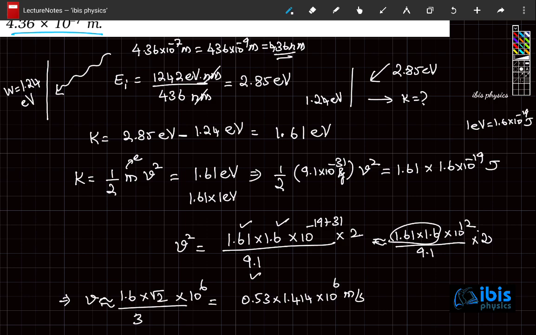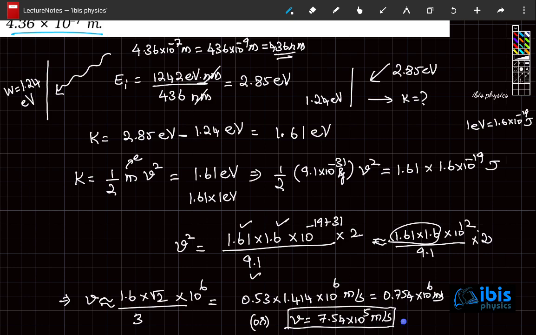So 0.53 into 1.414, I am getting 0.754 × 10^6 meter per second, or the velocity of the photoelectron is 7.54 × 10^5 meter per second.